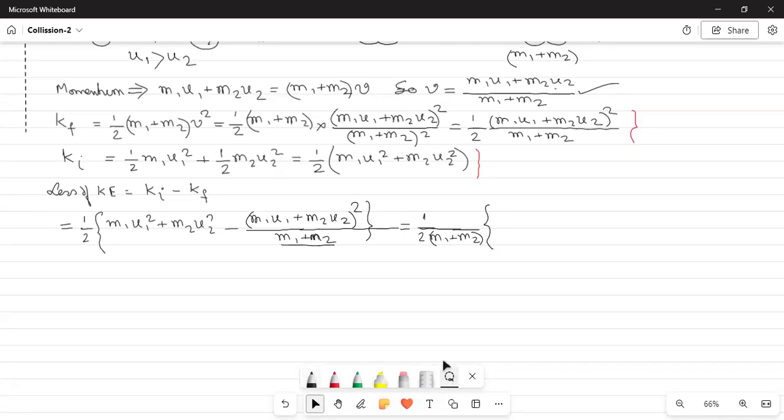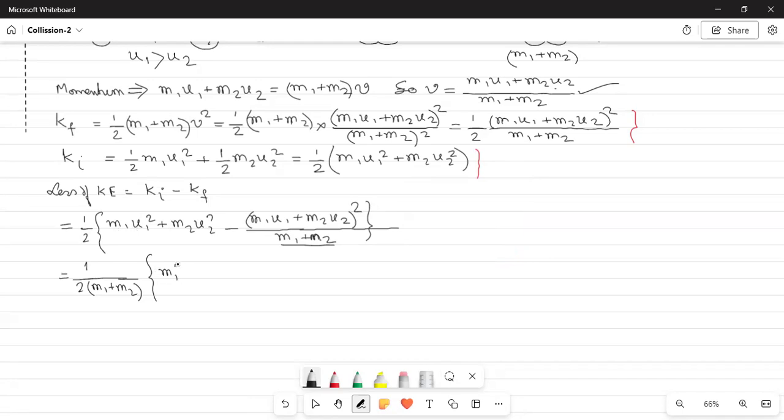I think this area will be too short for this purpose, so we'll go to the line. Here we take 1 upon (M1 plus M2), that multiplied by M1 U1 square multiplied by M1.